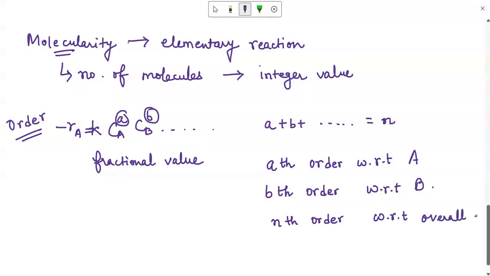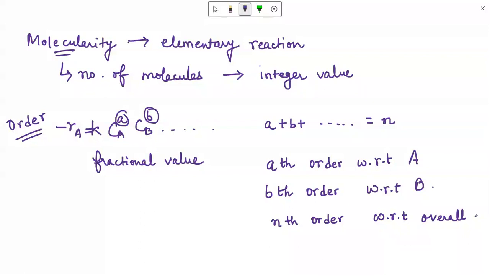Now, like I said, the molecularity of a reaction must be an integer, because it actually refers to the mechanism or the number of molecules involved in the reactions, and this concept applies only to elementary reactions. But the order is different.